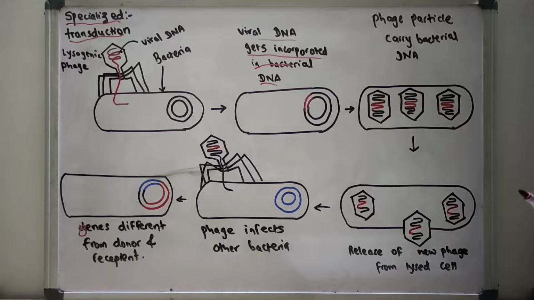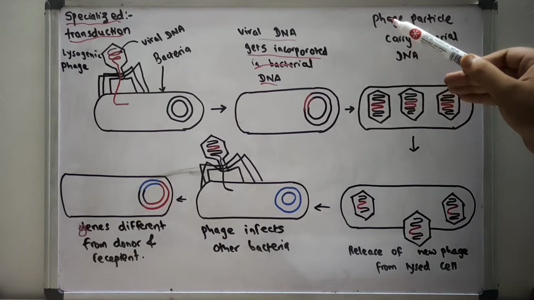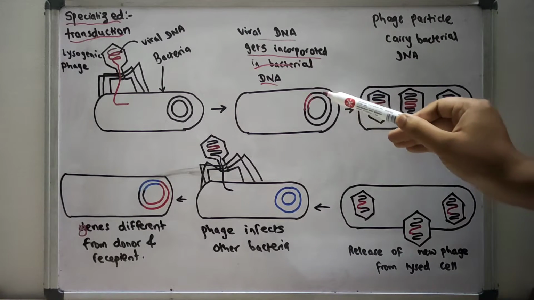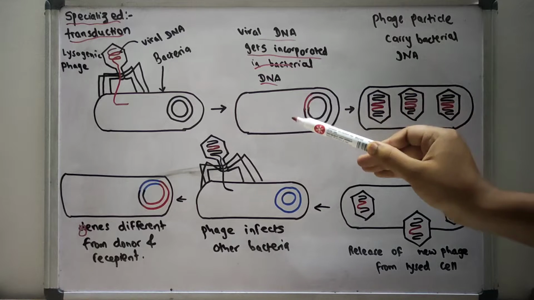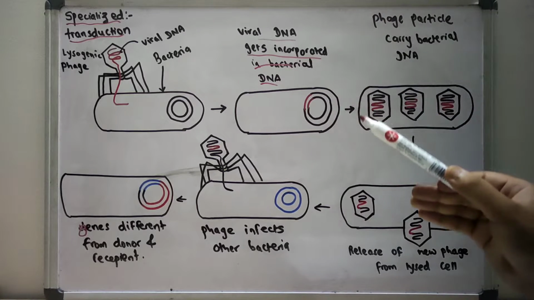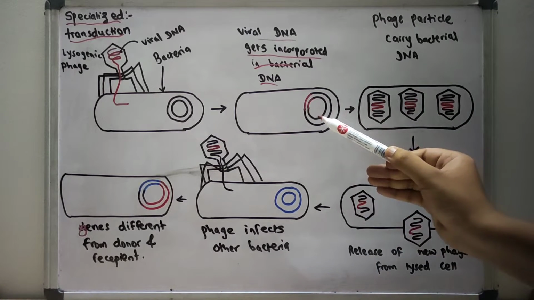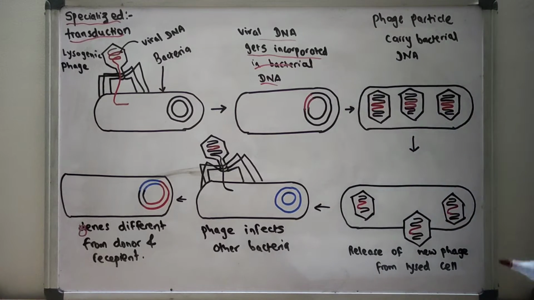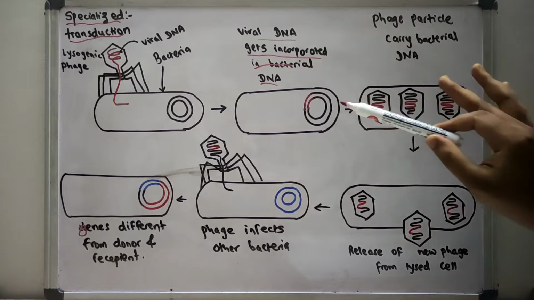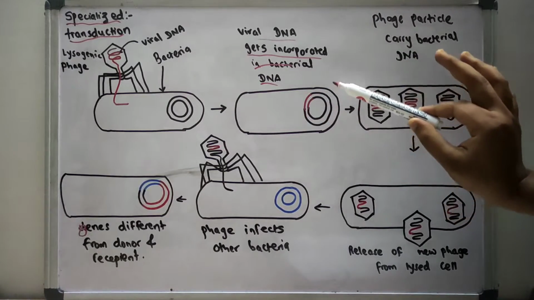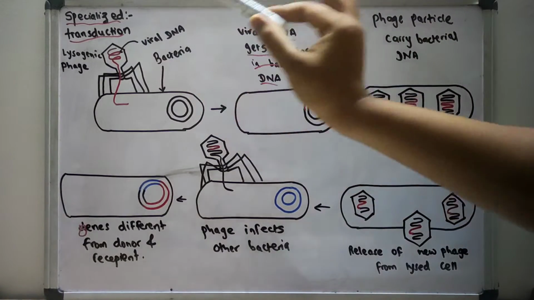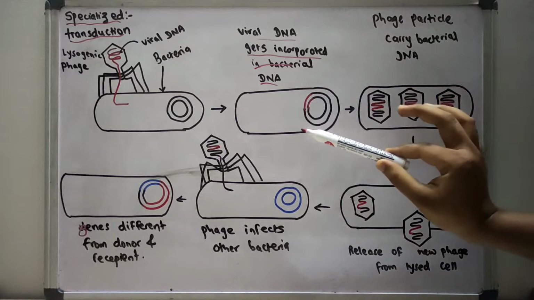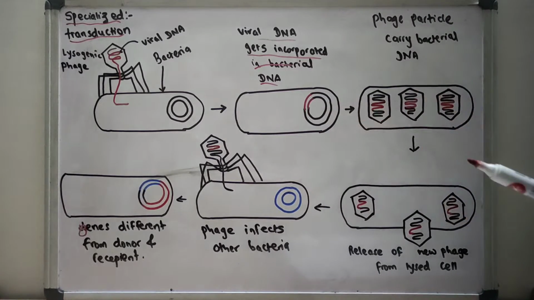So what happens is that the newly formed DNA will contain both the genetic material from the bacterium as well as from the lysogenic phage, that means the bacteriophage.